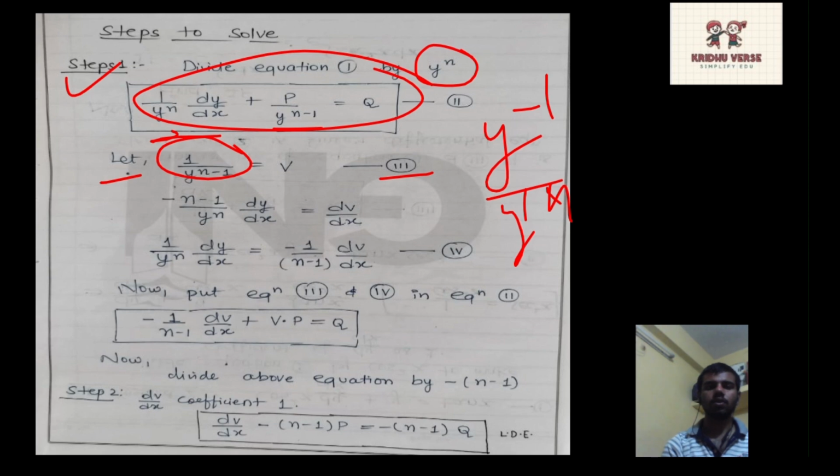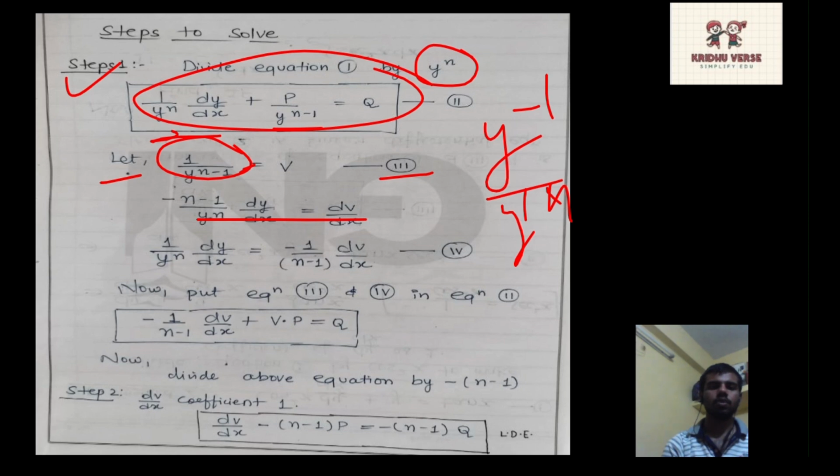Now we differentiate this term, 1 over y to the power n minus 1, with respect to x on both sides. Then we get minus (n minus 1) over y to the power n times dy over dx equal to dv over dx. Remember this.